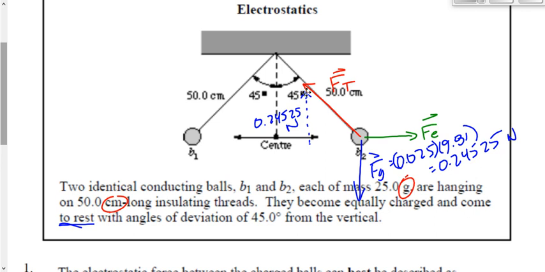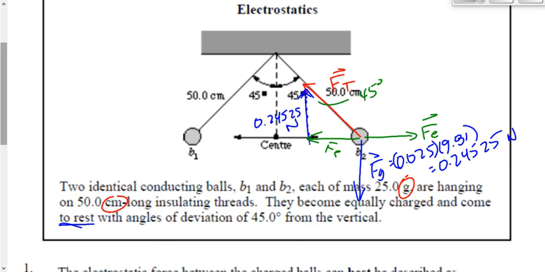Similarly, if it's not going left or right, the electric force has to balance with the x component of the tension. Make sense? Well, I know the angle here is 45 degrees.